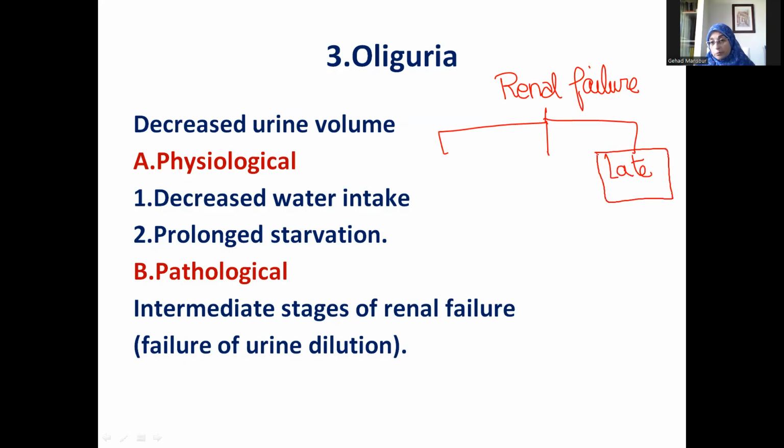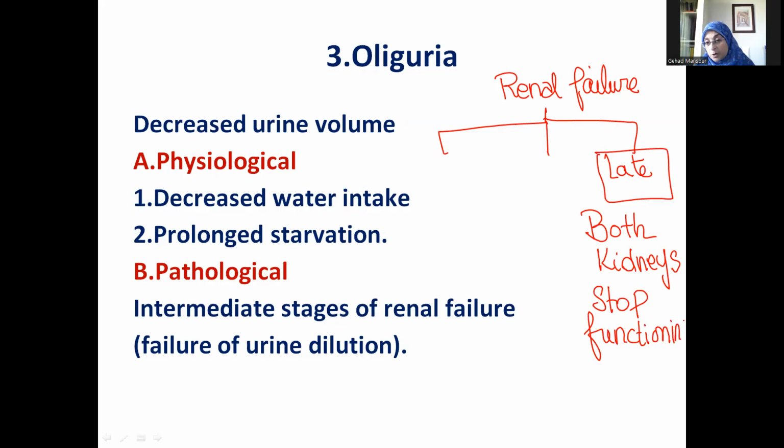We usually define renal failure by describing the late stages, saying that both kidneys, and it has to be both kidneys, because if only one kidney is damaged, the other kidney can take over and do the function of both kidneys. So both kidneys will stop functioning, and if both kidneys stop functioning, then there will be no urine formation at all.